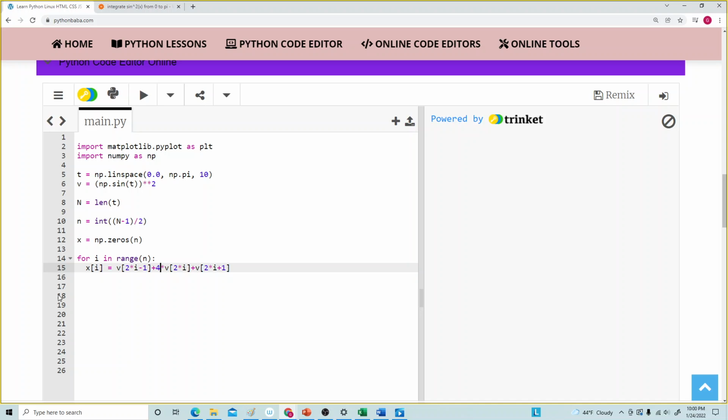And I'm actually going to space these out with spaces just so I can see each term a little more clearly.